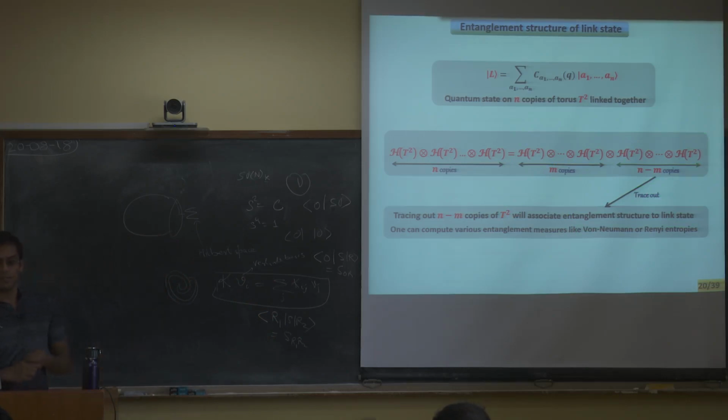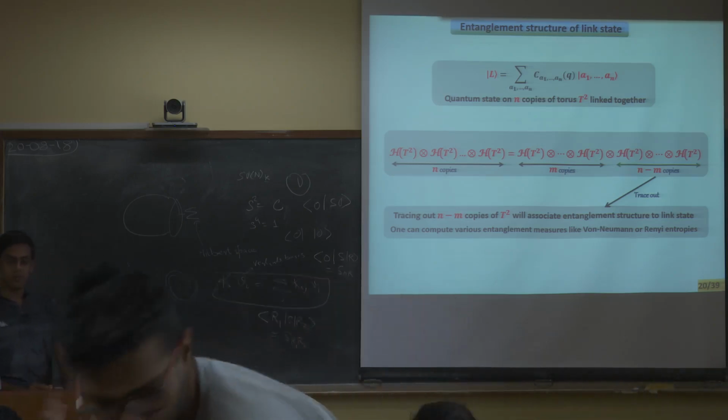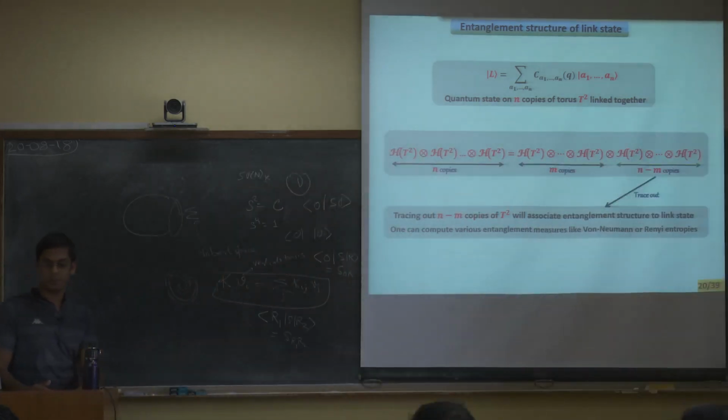So you've got a Chern-Simons theory with a boundary which is n copies of T2 topologically. They could be intertwined with each other. Topologically it's n copies of T2, and you want to find the entanglement entropy of m of them with n minus m.